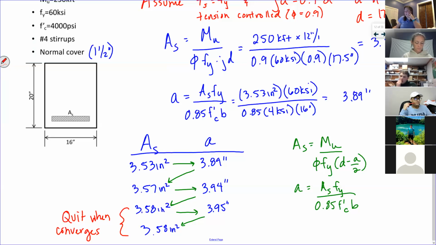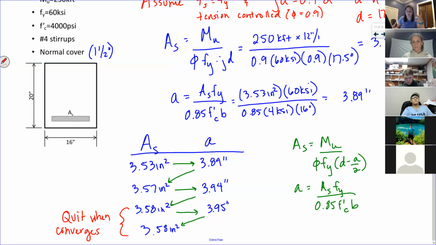So we assume we've yielded. We selected some ratio of our d as a starting point, and then used the equilibrium equation and the moment strength equation to calculate an area of steel and its associated stress block depth to converge on this.